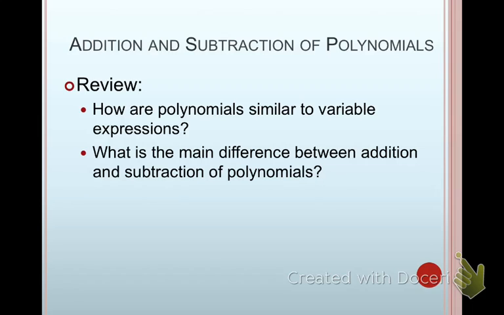And the main difference between addition and subtraction of polynomials is that with addition, you can go ahead and get to work right away, drop those parentheses, combine like terms. But with subtraction, remember, you have to distribute that negative 1 before you can do anything else. Okay? Let me know if you have any questions in class. Otherwise, nice job.